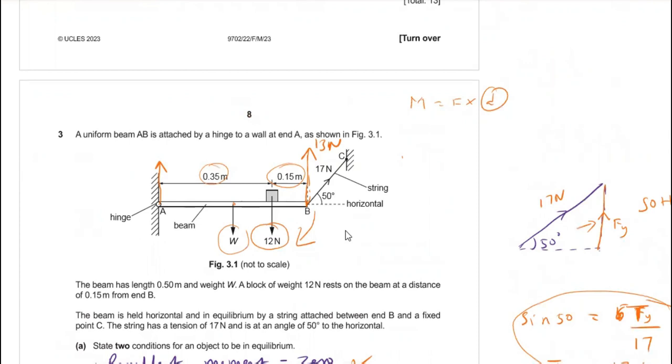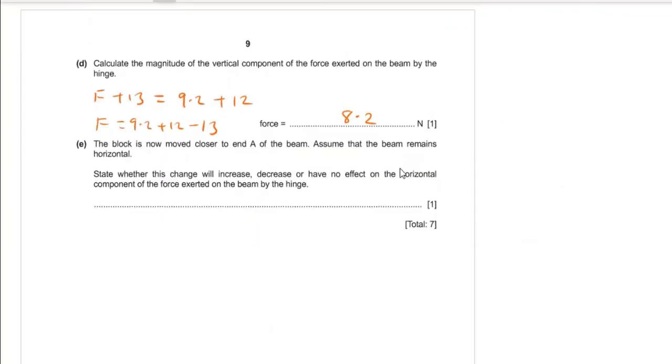If the clockwise moment decreases, it therefore means the anticlockwise moment must decrease as long as this beam remains horizontal. If that is the case, the downward force and the upward force will still remain the same. But for the tension to decrease, the horizontal component of the tension must decrease. The force exerted on the beam by the hinge will also decrease.